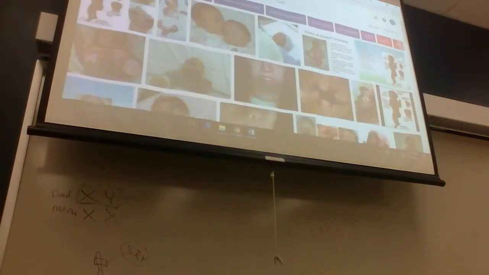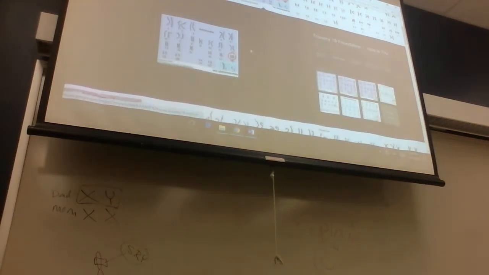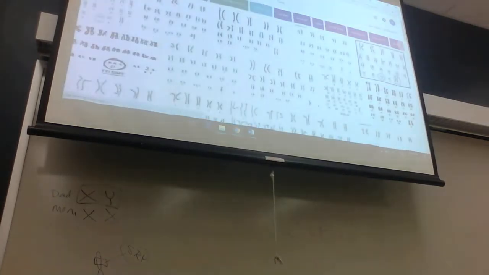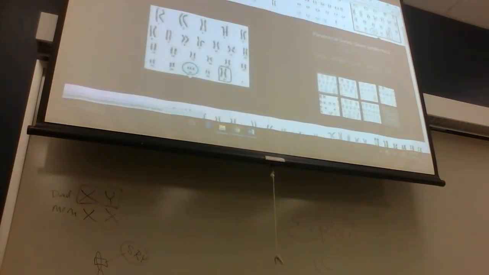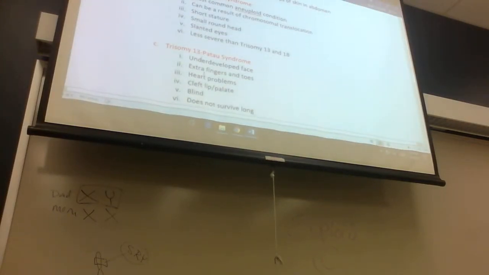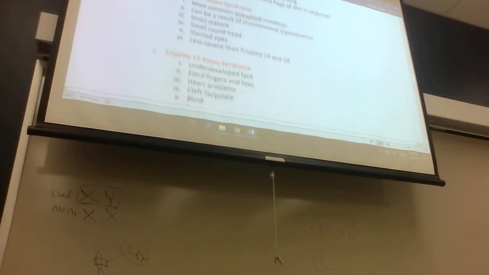This is Edwards syndrome, and if you look at it, you're supposed to have two, but you have three of chromosome 18. That's why it's called trisomy 18. If you have trisomy 21, Down syndrome, chromosome 21 is going to have three. And the other one is chromosome 13. And these are just the signs and symptoms of it.